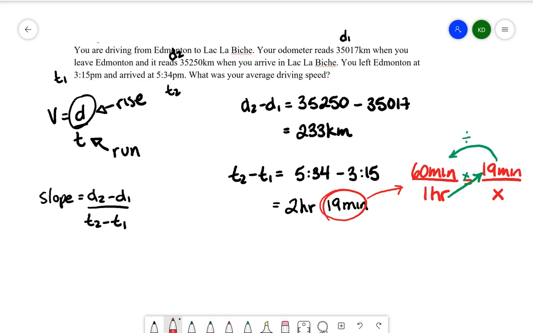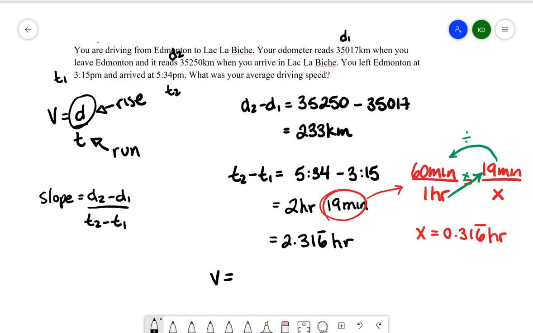So we'll have 19 divided by 60, and what that gives us is 0.316 repeating, and this will now be in hours. So t2 minus t1 is also equal to 2.316 repeating hours. Now that we have these two things, we're ready to calculate our speed.